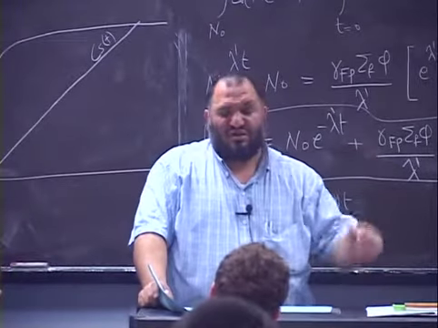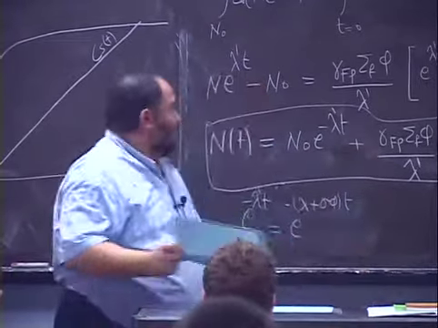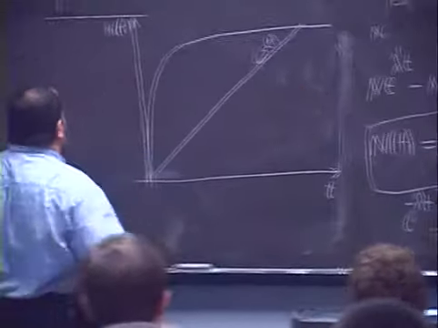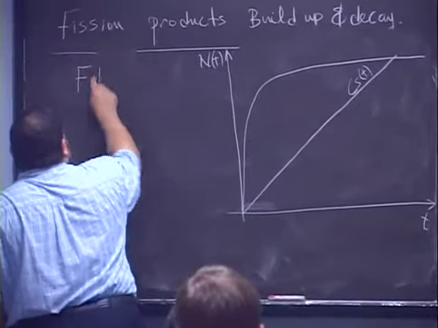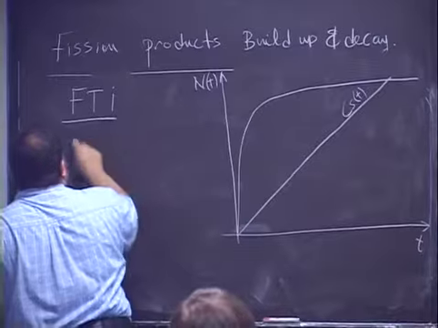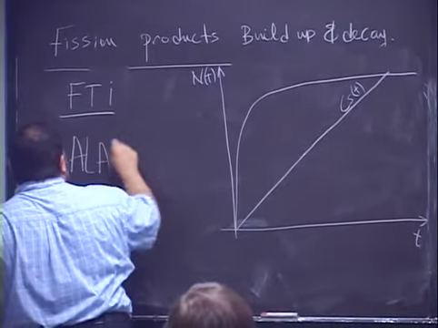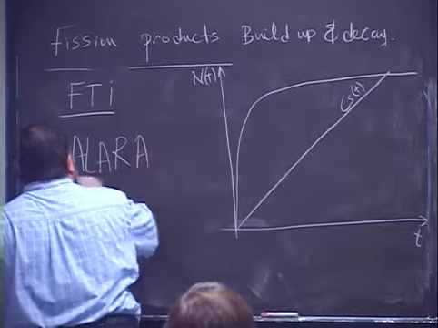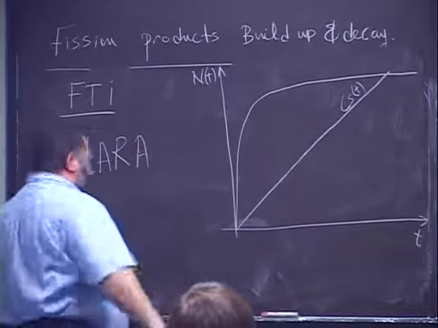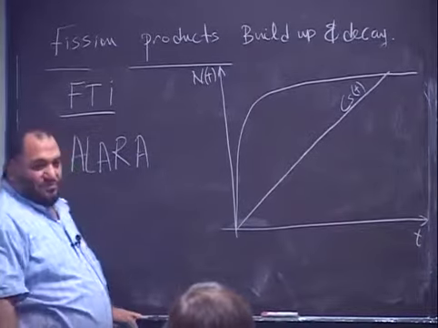One of the well-known codes is written by a professor at the University of Wisconsin-Madison, Fusion Technology Institute. It's called ALARA. It's not the ALARA, the as low as reasonably achievable concept for radiation protection.